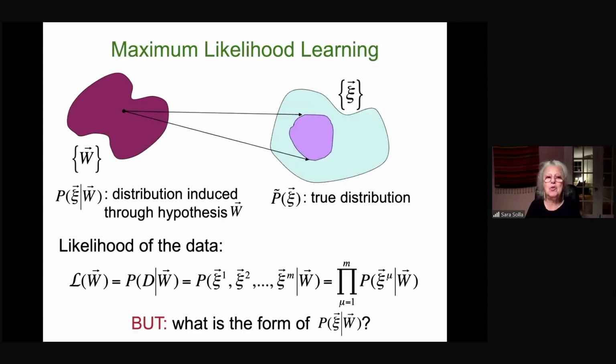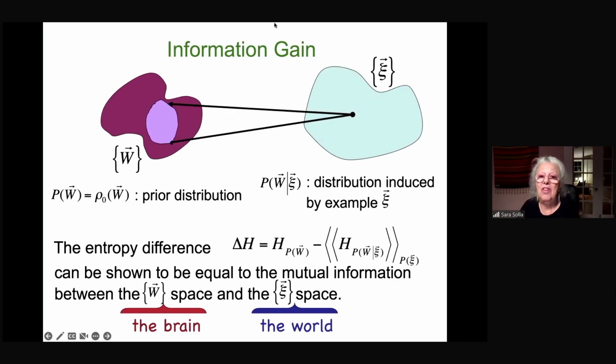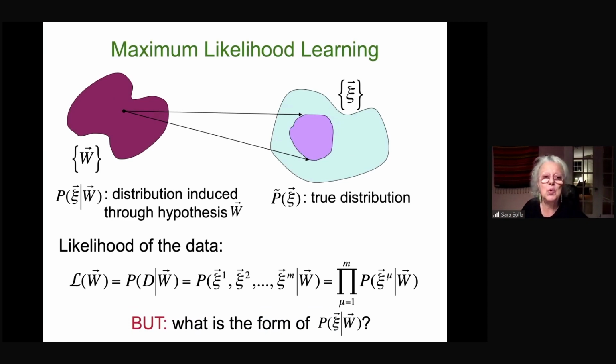And whenever you have a mutual information, you have a duality. Instead of thinking that when I see an example it affects W space, now I can think in the complementary manner. If I choose a hypothesis, so I choose a network W, like each one of us is one instance of this possible ensemble of networks W.